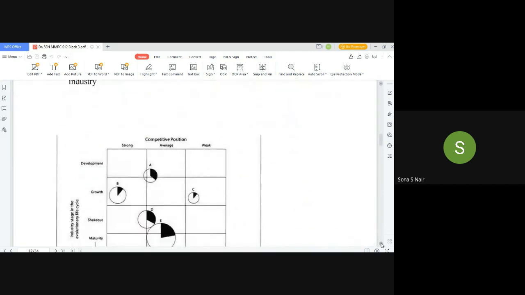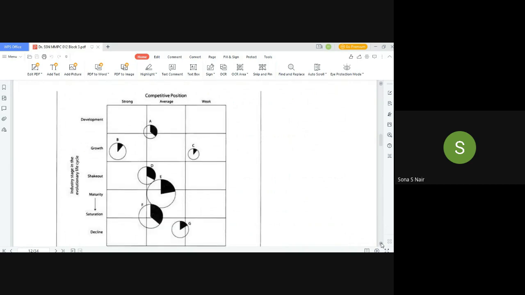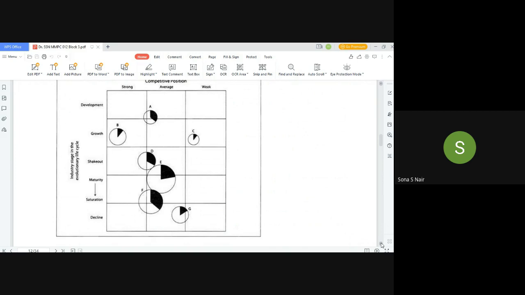Another evaluation matrix is the Hofer's matrix, and it is an advanced form of the BCG matrix. Here, the competitive positioning is considered vis-a-vis the industry's stage in the evolutionary life cycle, which is of 5, actually 5 or 6 stages, and all the businesses are placed like this.